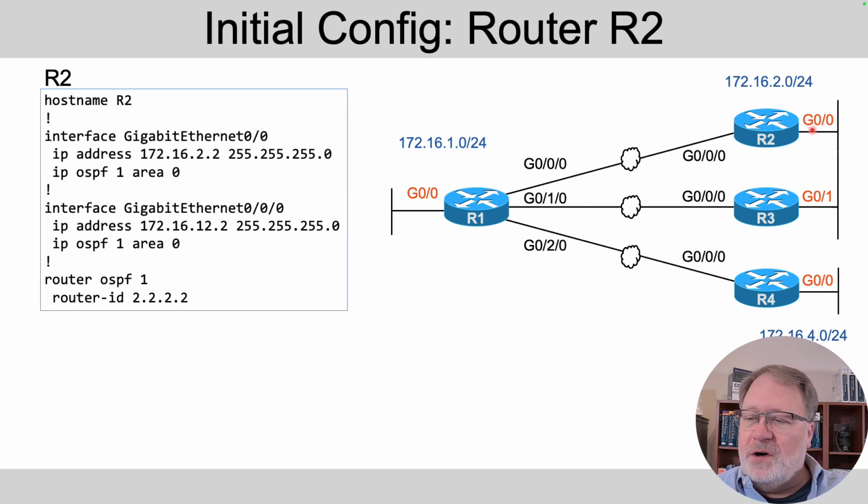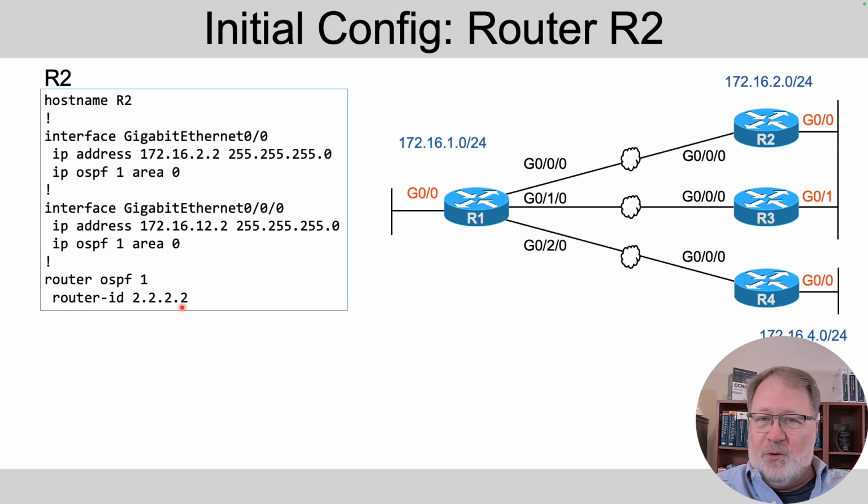So here, router R2 has 2 interfaces, so it's got those 2 interfaces shown in the config. They both have IP address commands and both have the same IP OSPF 1 area 0 command, enabling OSPF and tying it to OSPF process 1. But router R2's router ID is 2.2.2.2 instead of 1.1.1.1.